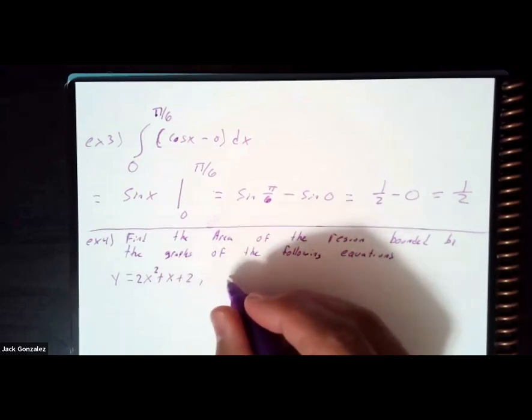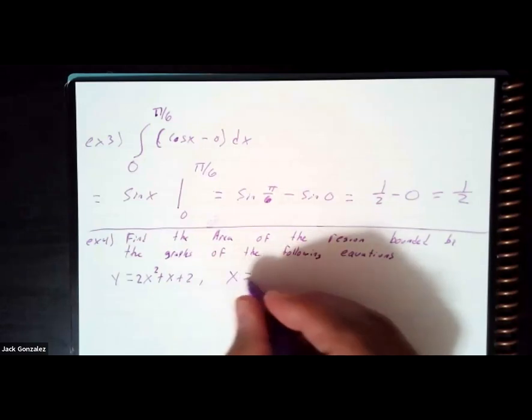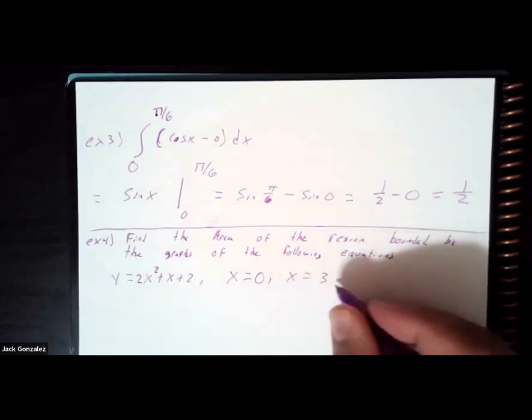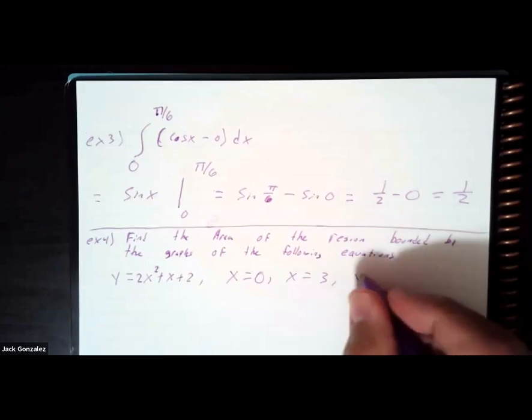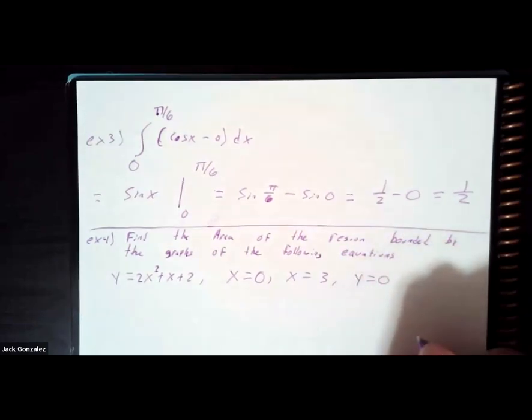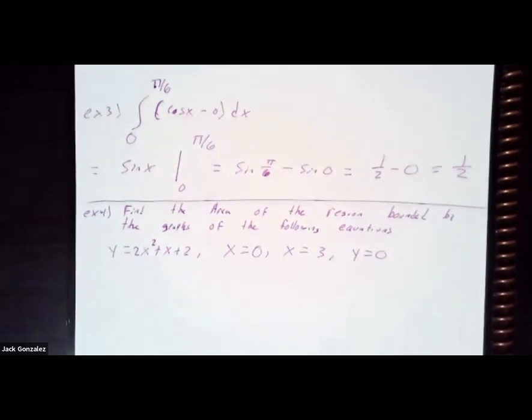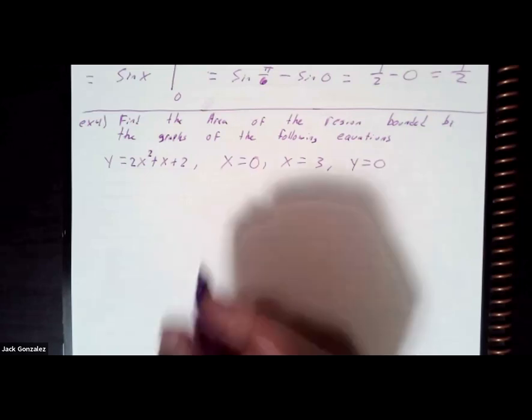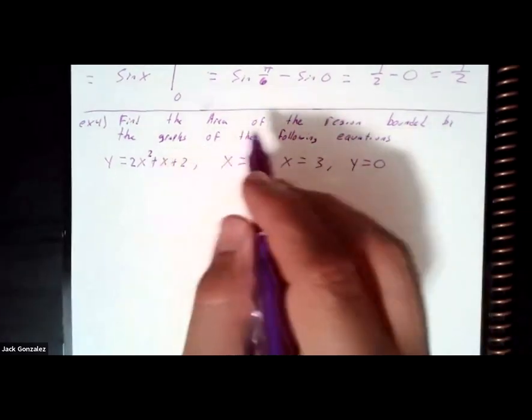So bounded by this parabola, by the vertical line x equal to 0, the vertical line x equal to 3, and the horizontal line y equal to 0. So bind all of these together, and you'll have a section. Okay, so just do a sketch.